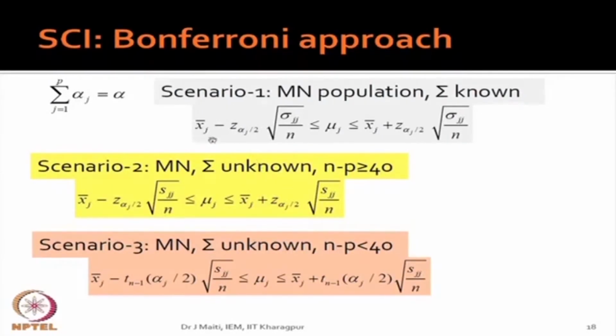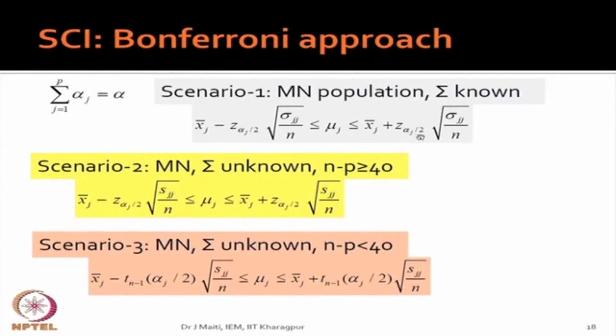The first one, you take first. You see the first one, and you tell me whether you are comfortable or not. The first one we have already seen, that is z alpha by 2. Now, instead of z alpha by 2, you are writing z alpha j by 2, and here also z alpha j by 2.